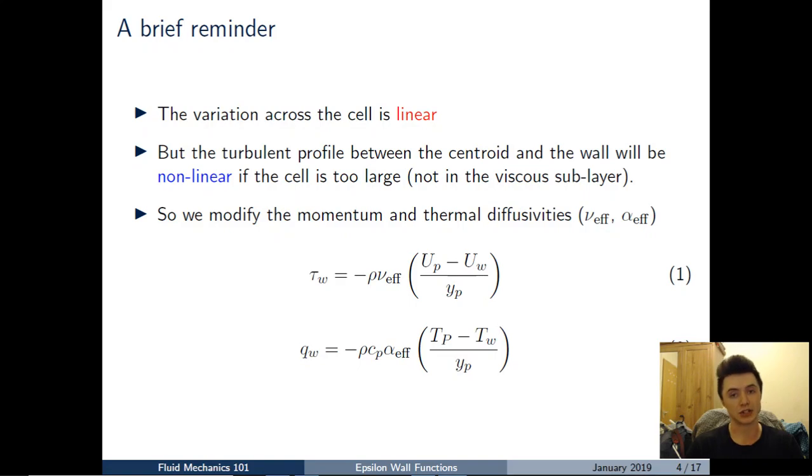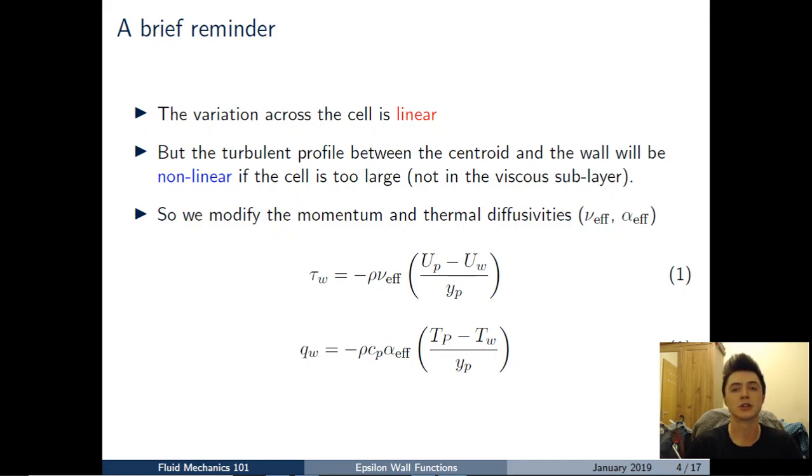So what that allows us to do is to use equations 1 and 2 to compute the wall shear stress and the wall heat flux by assuming that the variation across the cell is still linear, but we modify those diffusivity coefficients so that we get the correct wall shear stress and wall heat flux. Now, that's the treatment that we use for the velocity and temperature fields.